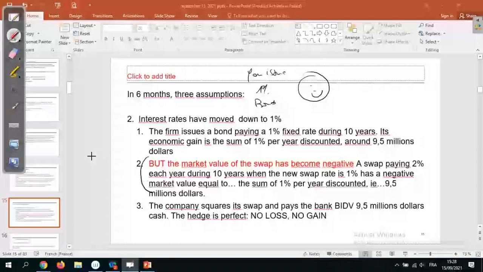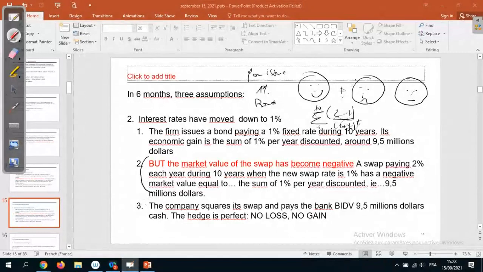If you want to sell your swap, you have to pay 2 minus 1, the sum from t equal 1 to 10 of 1% discounted. And you have a loss on your swap. So if you add the two exposures, you are again hedged.